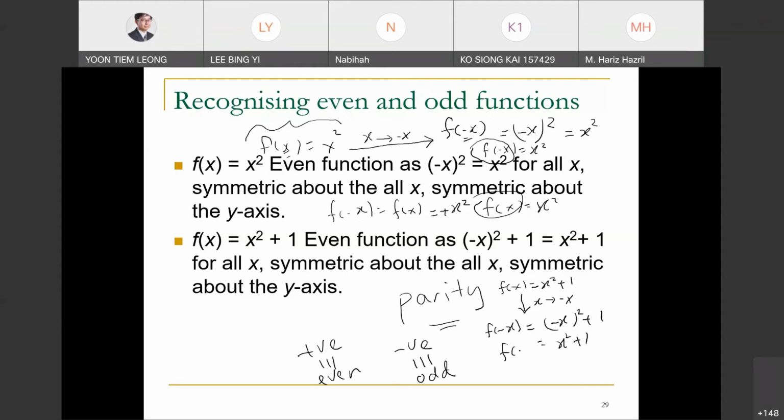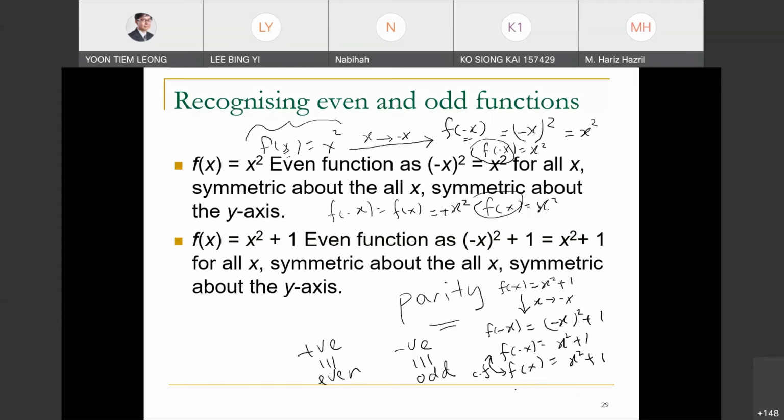So you have f of minus x equals x squared plus 1. Then you compare, right? CF means you compare the expression after you have performed the operation of replacing x by minus x with the original function, which is x squared plus 1.